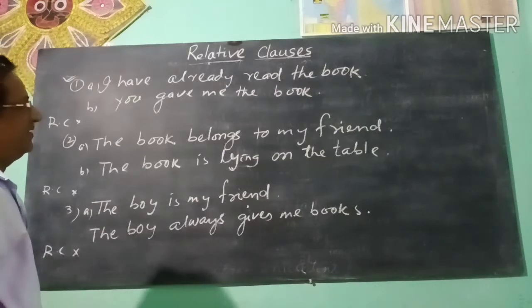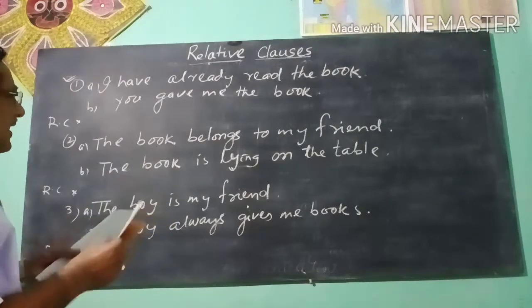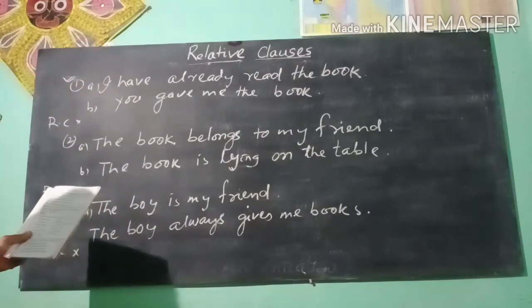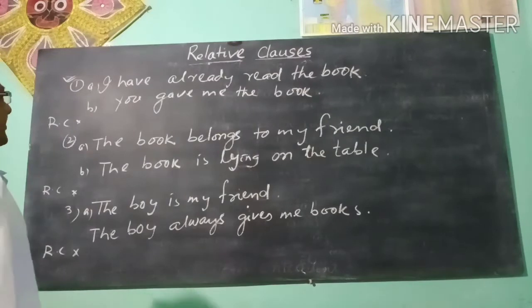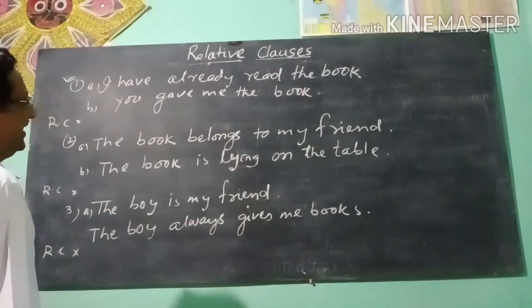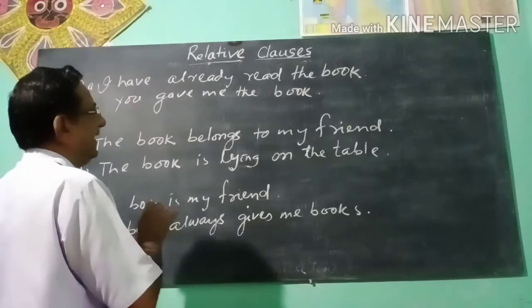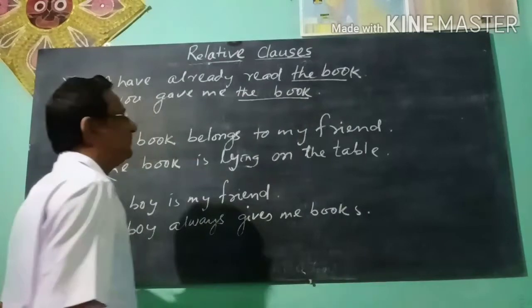B, you gave me the book. Now you find the identical noun phrase in the two sentences. The identical noun phrase in the two sentences is: the book, the book.